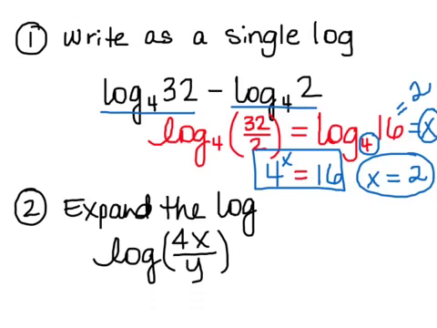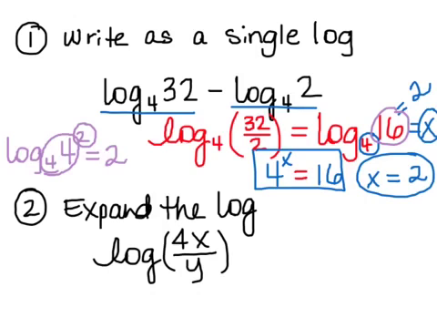Another rule we could have used on that same problem was right when we got here and we said log base 4 of 16. What if we wrote the 16 as 4 to the second power? So we're just rewriting 16 as 4 to the second. Well, here's that other rule where if we have the base of the log and the base of the exponent being the same number, we're allowed to just say the answer is the exponent.